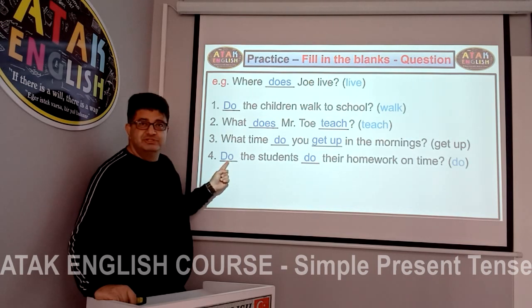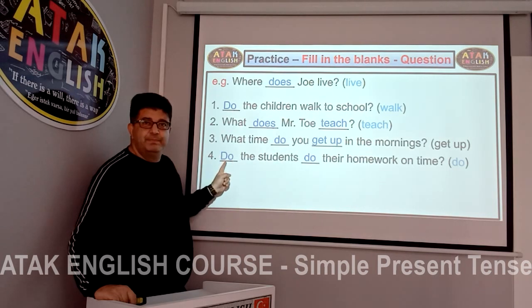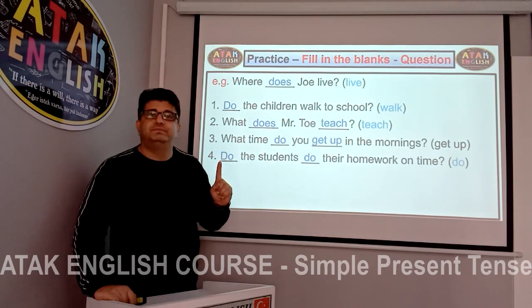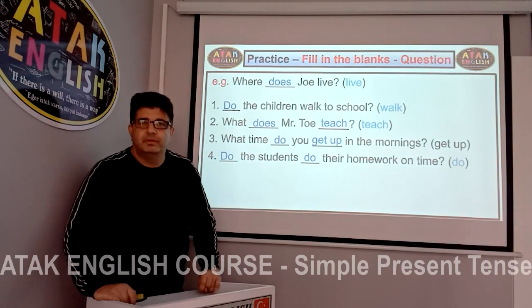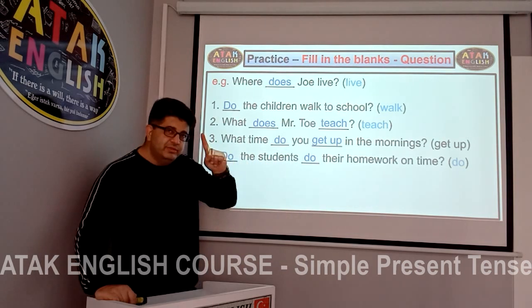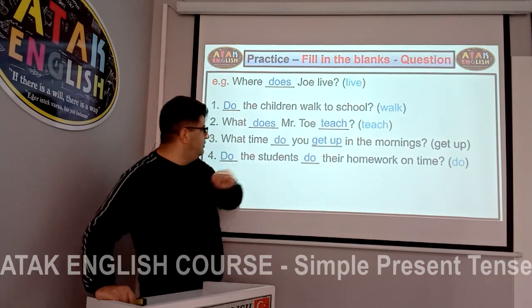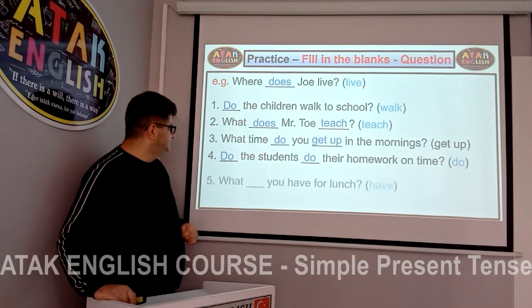For third person singular, I use as a helping word does, and for others like I, you, we, they, what do I use? Do. That's a helping word, not the main word do. But this one is the main word, to do, okay? And that's the verb one for verb base form. That's why these are two different things.